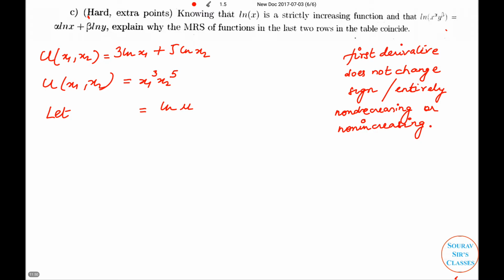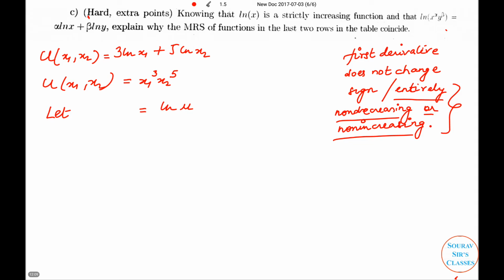Now before starting the sum, first let us define something. What do you mean by monotonic? Now when we say monotonic, it is something which is entirely either non-decreasing or non-increasing. Now this particular definition may be confusing to you.